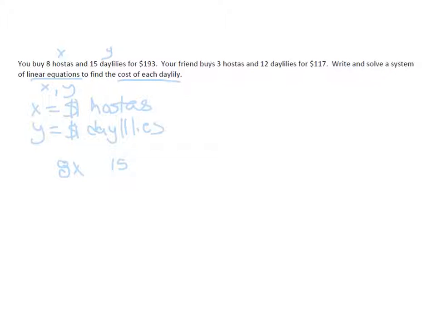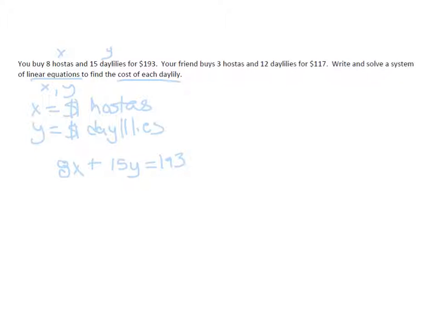Do I know the cost of each daylily? No, I don't. So I can do 15 times y because y is the cost of each daylily. That gives me a cost of $193. Well, what do I do with the cost of my hostas and daylilies to get a cost of $193? Well, you take the cost of your hostas and you add it to the cost of your daylilies to get your total.